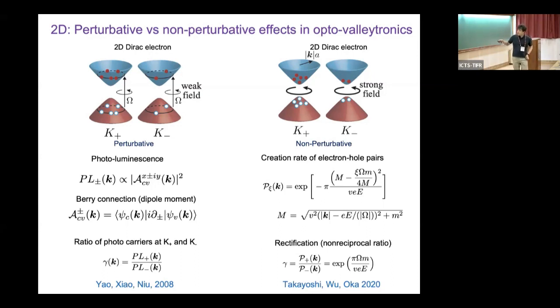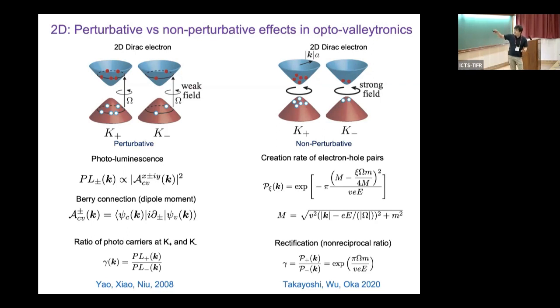The ratio between K and K prime points, this gamma, is just the ratio between this with positive and negative xi, which becomes a very universal expression. I have just an exponential of omega m over E.